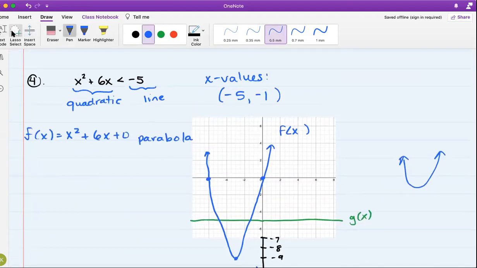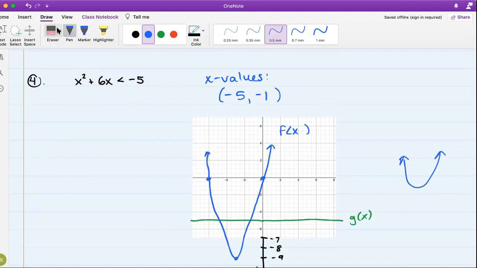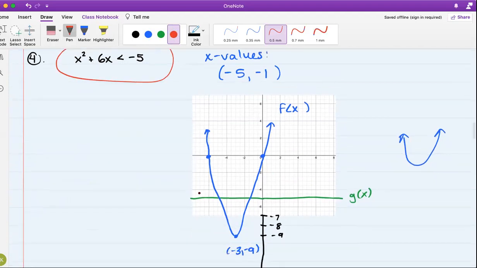The original question, if you look right here, was when is this parabola, this one right here, the one in blue, less than -5? And you can see that these two actually intersect right here. We need to figure out exactly where they intersect.